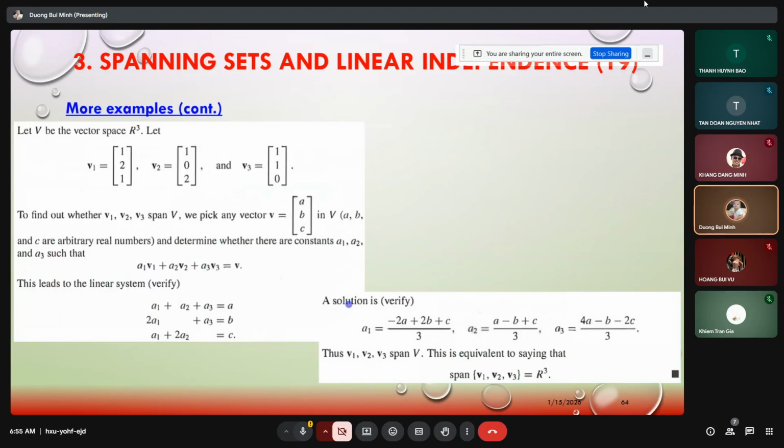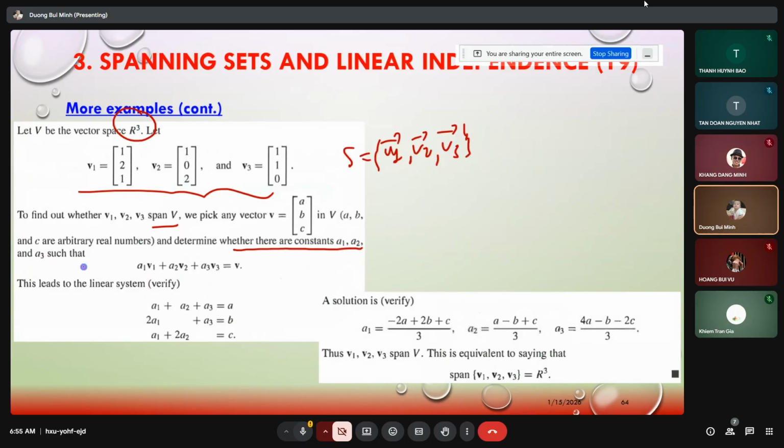Okay, so for this one, we have the vector space R3, and we have 3 vectors. That means S is v1, v2, and v3. To find out whether v1, v2, v3 span the space or not, we pick any vector v = (a, b, c) and determine whether there are constants a1, a2, a3 such that this equals it.